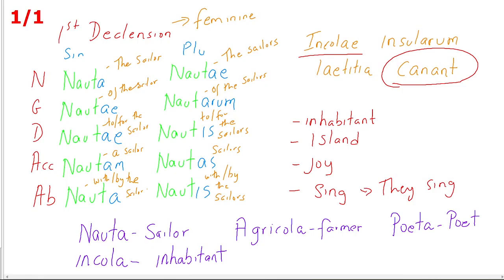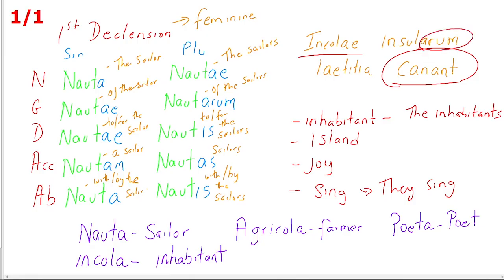Okay, so we already know now that the subject will be singular or plural? Plural. So the verb and the subject should always correspond. If the verb is plural, the noun also should be. So therefore, incolae. Now, will it be genitive singular, dative singular, or plural of nominative? Okay, so it would be the inhabitants.